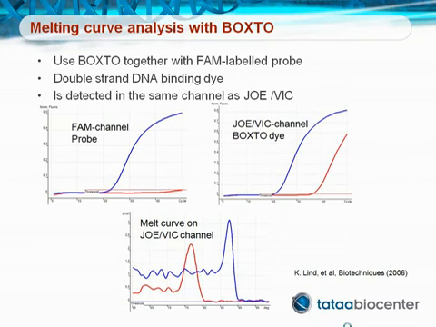BoxTox has other fluorescent properties than FAM and is analyzed in another channel, the JOE or VIC channel, thus not interfering with the quantification that is performed in the FAM channel. The dye is added to the master mix and its fluorescence is used to analyze the melting after the PCR.